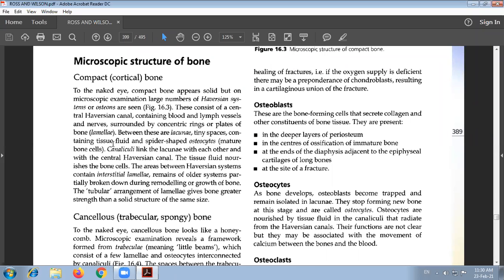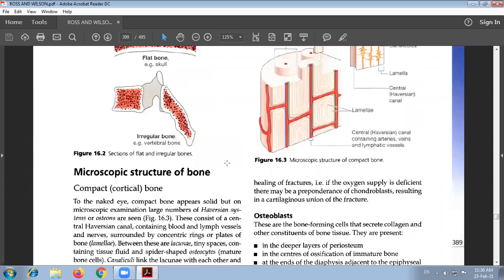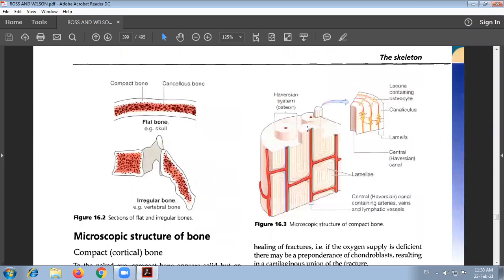So we will see here in the diagram the microscopic structure of the compact bone. When we take the section, here you can see this is the Haversian system, and it has the nerve supply and blood vessel supply, and inside it, a rectangular structure which is called the lamellae.